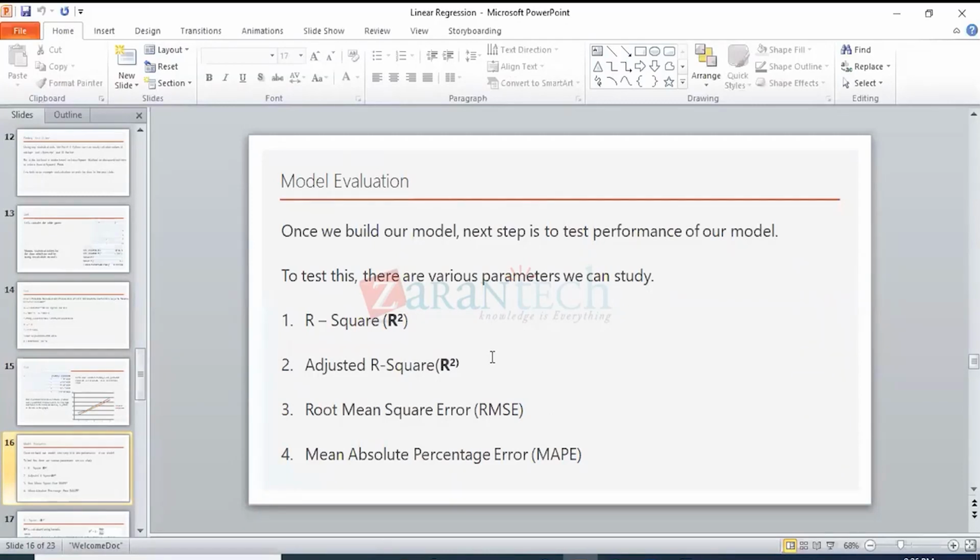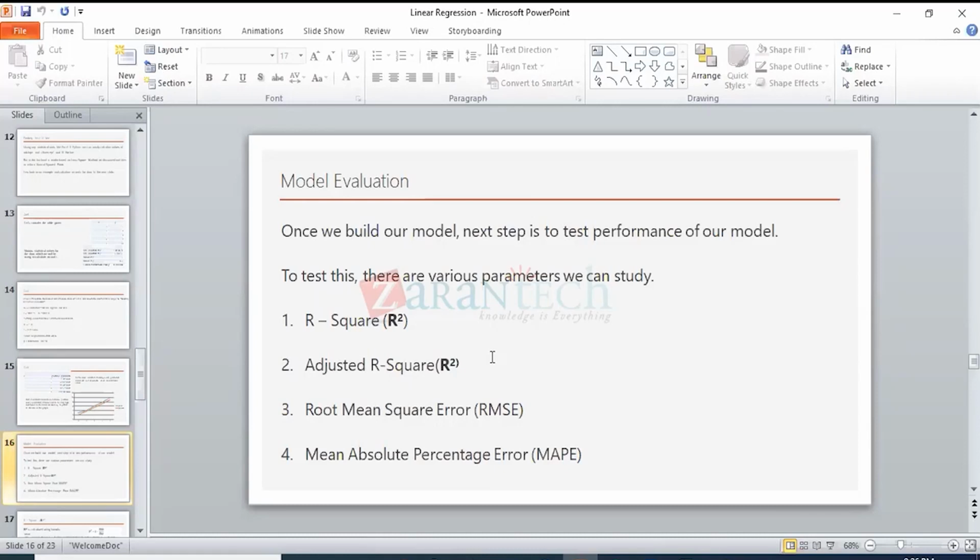I actually use the linear regression model in my day-to-day work. For example, you know all the logistics, let's take the example of the Amazon company. They have so many goods that they want to transport from one place to another.